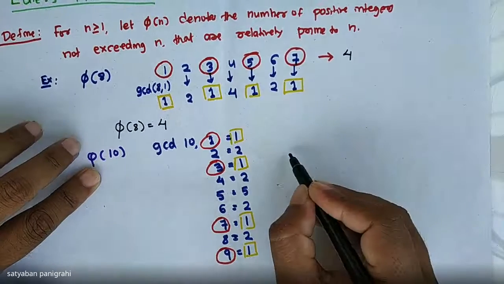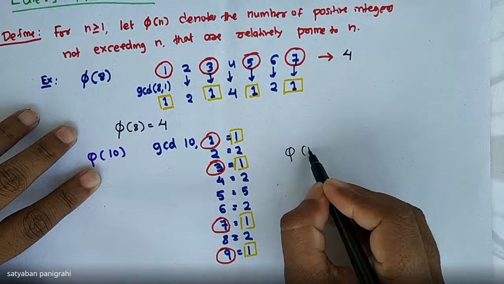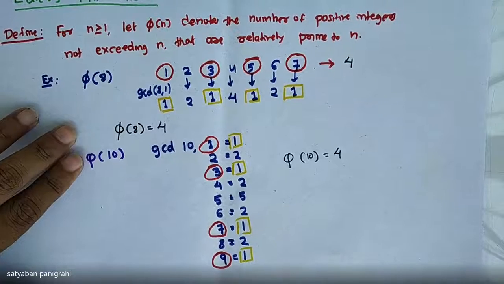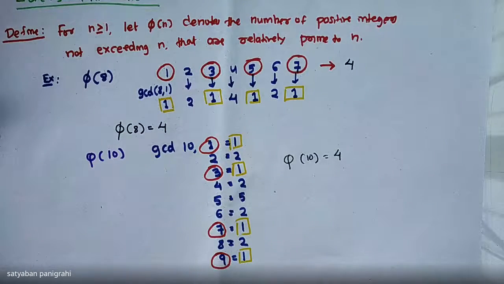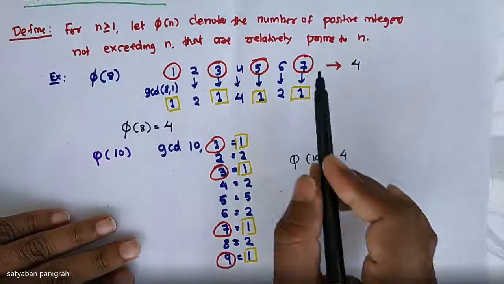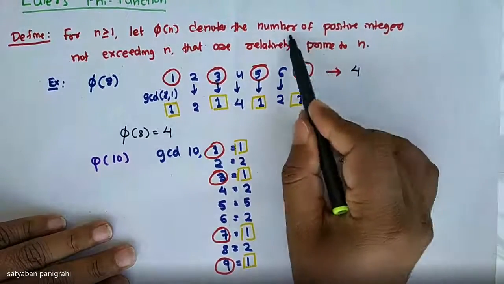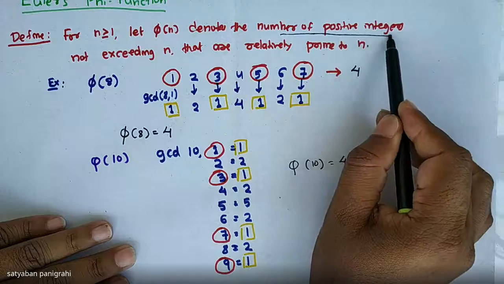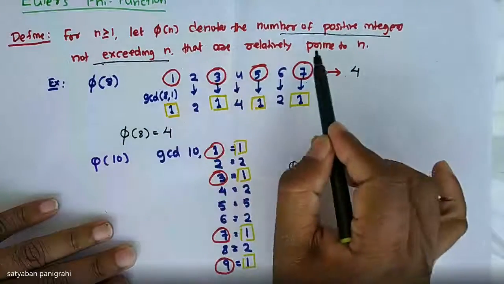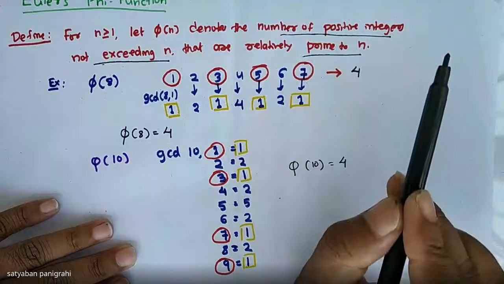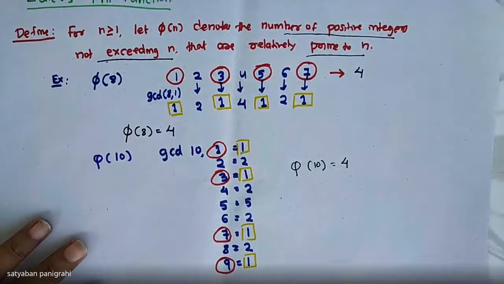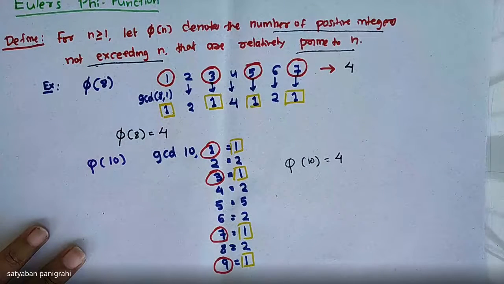So we have phi of 10 equals 4. Clear? The concept of Euler phi function: the number of positive integers less than n and relatively prime to n. This is the definition of our Euler phi function.